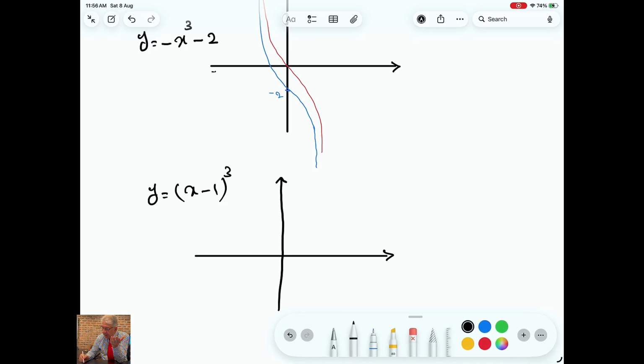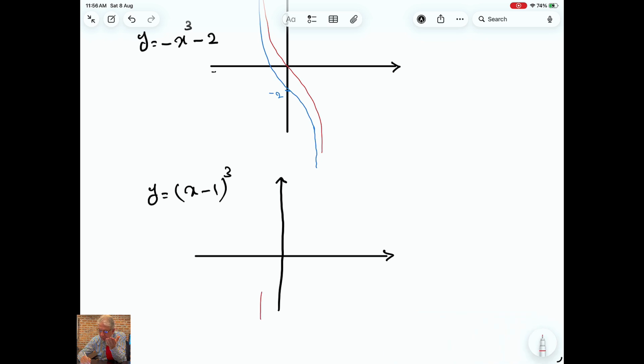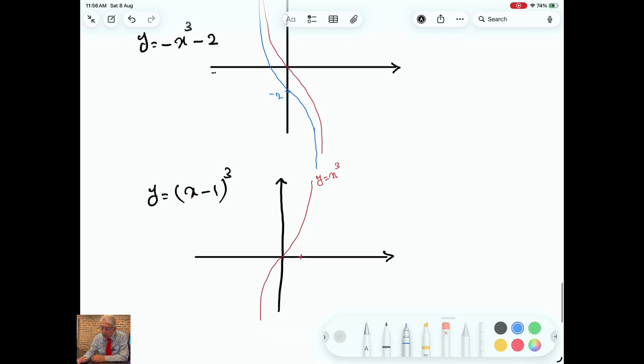Therefore, actually, if you have this graph, I will draw with the red color. This is y equal to x cubed. Now, because you have written here x minus 1, that means actually to this x you have to add 1 to reach this. So you are subtracting 1 from x, therefore this x should be moved 1 forward. You should move x 1 unit forward.